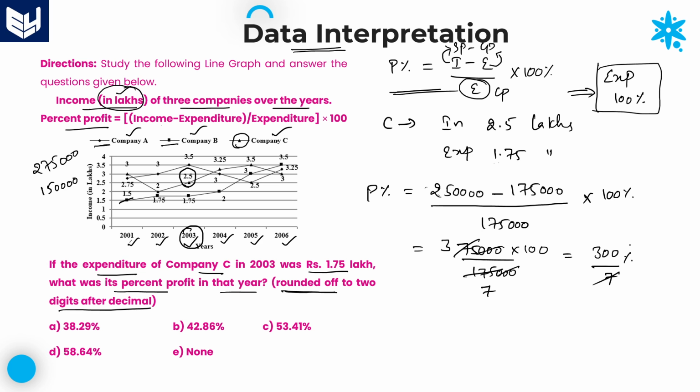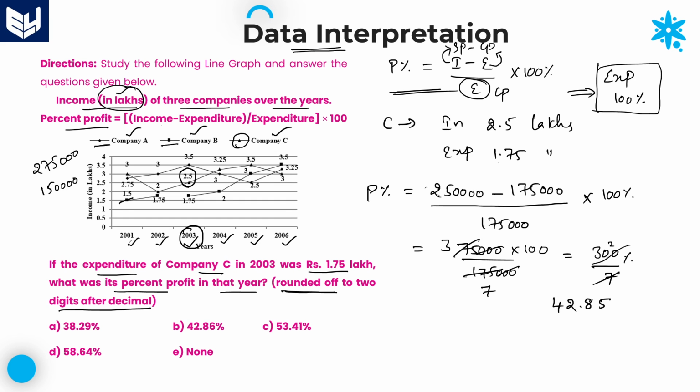Here you can cancel with the 7 table now. 7 4s are 28, and next you will be left over with 2. 20 means 7 2s are 14. Still you are left over with, after keeping the decimal point, 6. 60 means 8 times, 7 8s are 56. Again 40 means that is 7 5s.